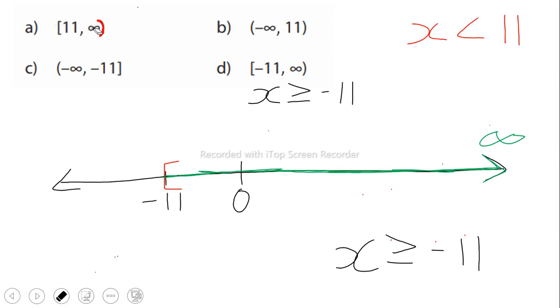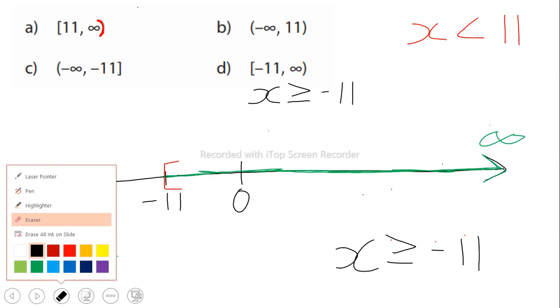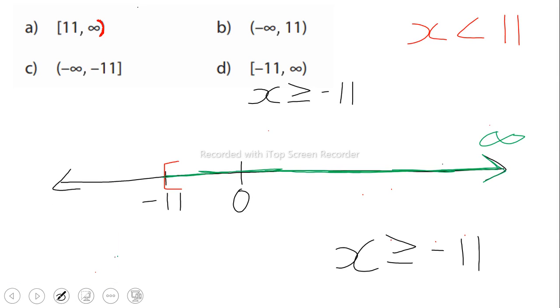Let's fix it. The inequality for this one, remember, this means that we start at negative infinity and we get increasingly bigger until we get to -11.